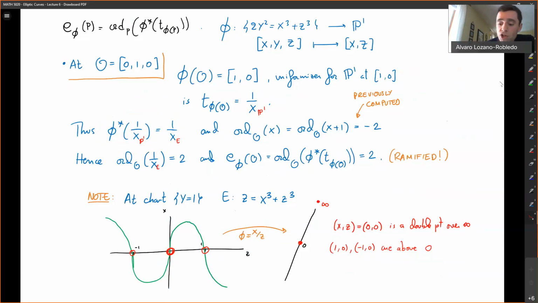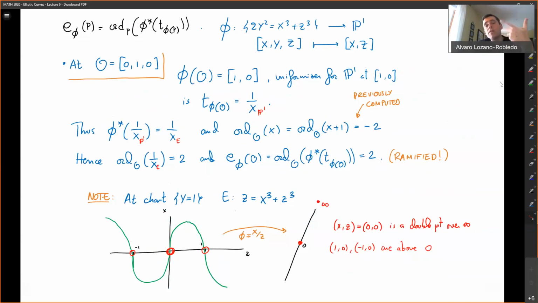Now, what is the vanishing of X at the point at infinity? Well, I didn't compute that precisely, but we did compute in the previous class the order of vanishing at infinity of X plus 1, because E1 in this case is minus 1. So the order of vanishing at infinity is minus 2, because we computed that fact already.